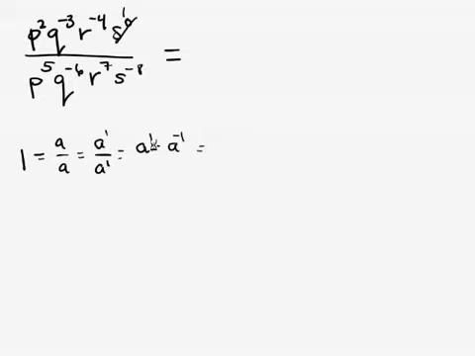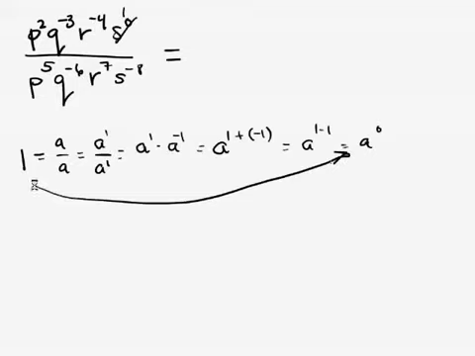When you have like variables, you add the exponents together, so you get a to the 1 plus negative 1, which is a to the 1 minus 1, which is a to the 0. Okay? And so this is the same as that. Alright? So, let's continue here.